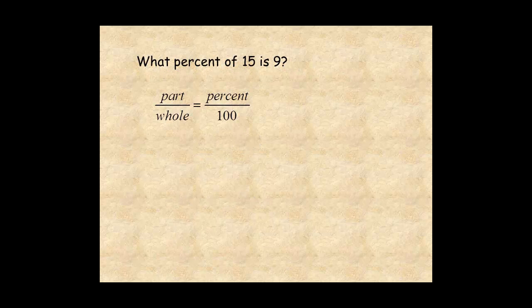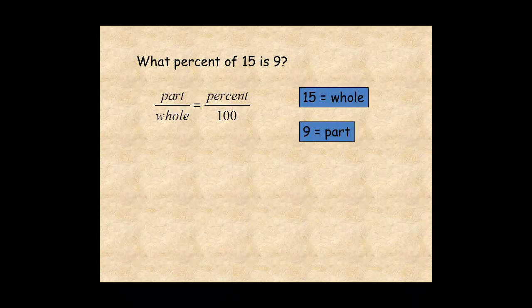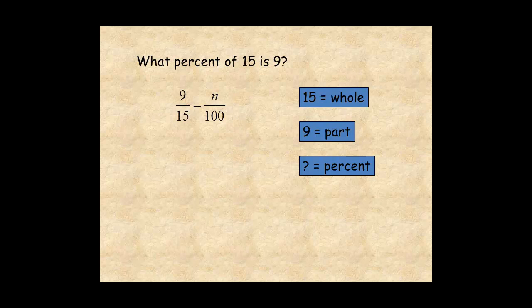The first example, what percent of 15 is 9? For this question, 15 is the whole, 9 is the part, and you need to find the percent. So the proportion is 9 over 15 equals percent over 100.